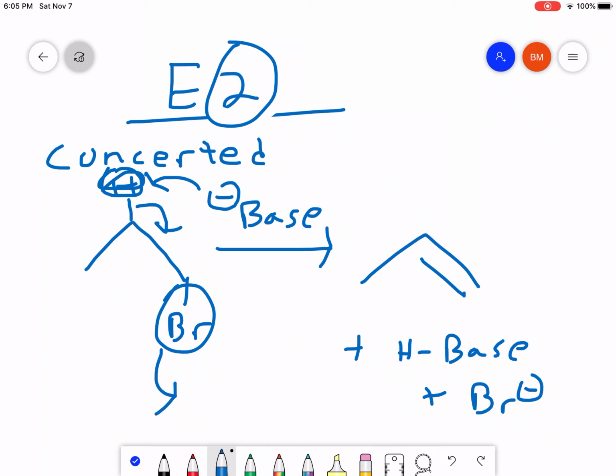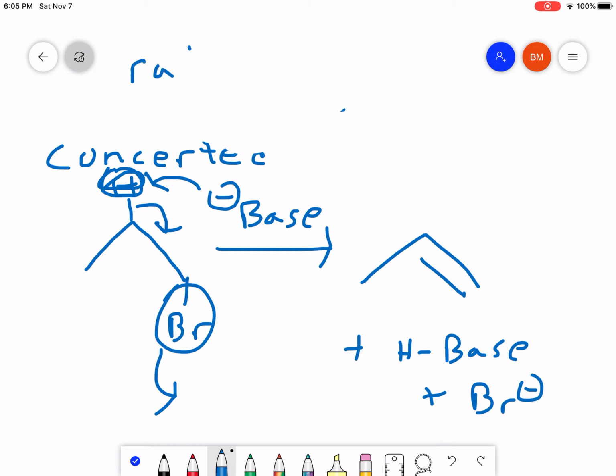Let's take a look here. Let me erase some of this. Let's write a rate equation for this. You're going to approach it the same way as you did for substitutions. You always start off with rate equals k, and then we look at the specific reactants that were involved in the rate determining step. Since this is just a one-step reaction, it's easy. We look at everything that was involved in that one step.